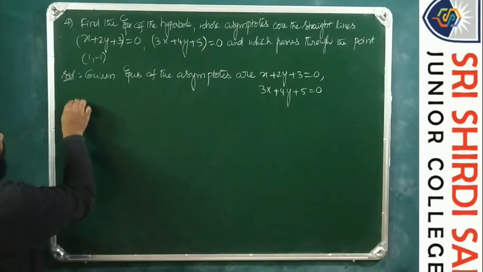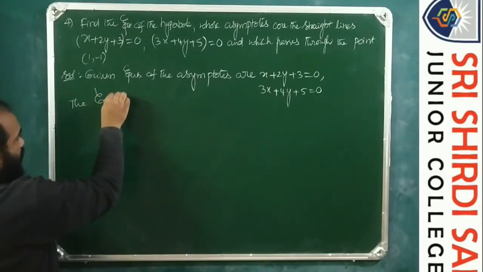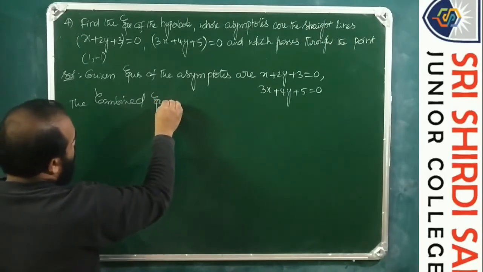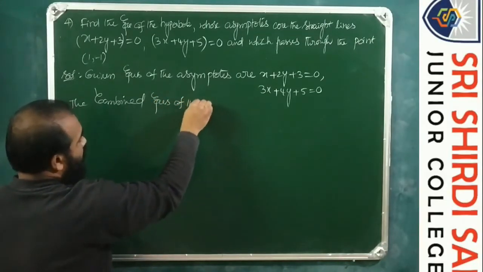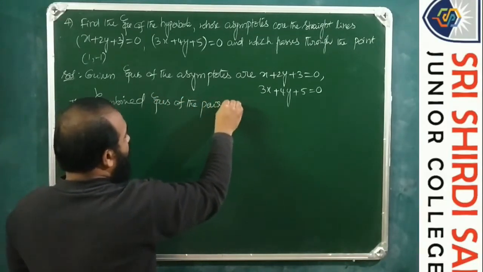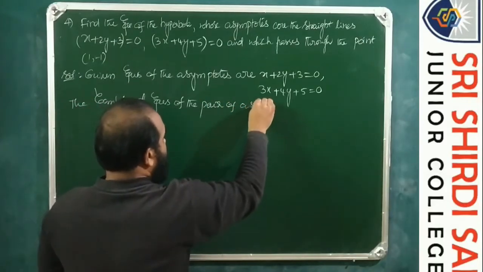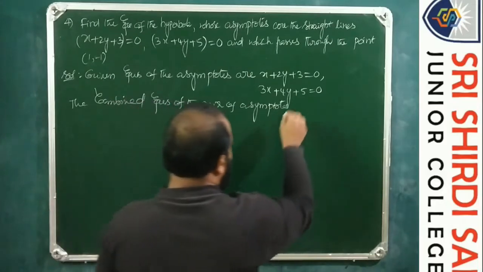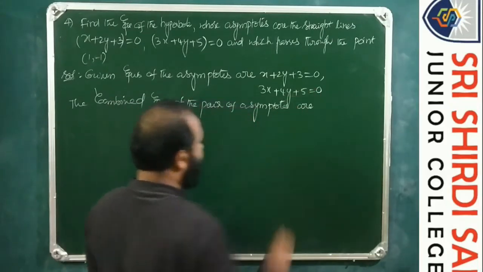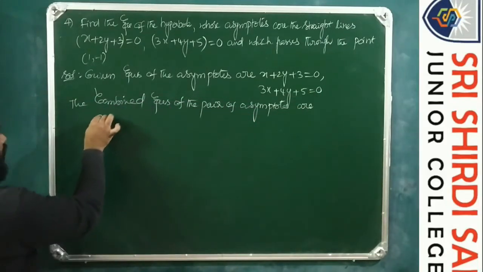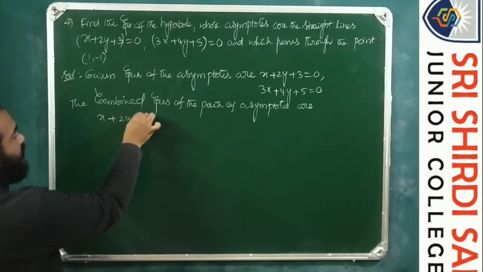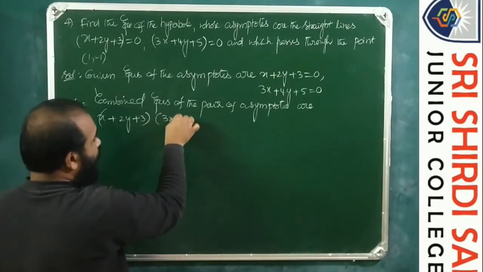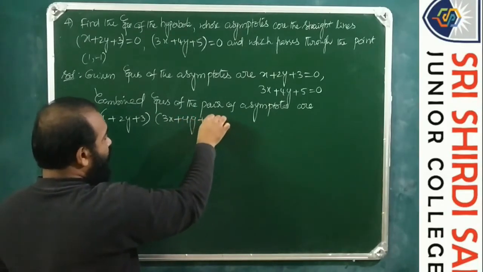The combined equation of the pair of asymptotes is (x plus 2y plus 3) into (3x plus 4y plus 5) equals 0.